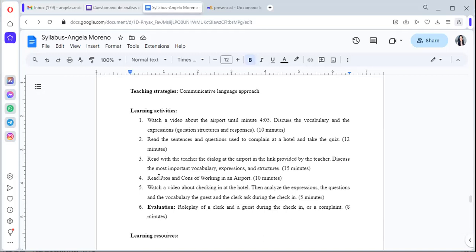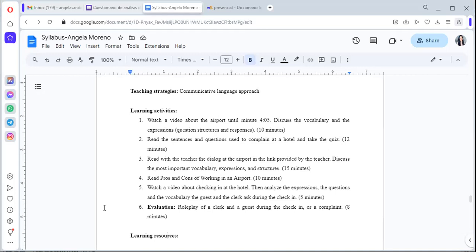After that, he's going to read with the teacher the dialogue at the airport in the link provided by the teacher, and discuss the most important vocabulary, expressions, and structures. This activity will last 15 minutes. Then he's going to read the pros and cons of working in an airport, which will last 10 minutes.